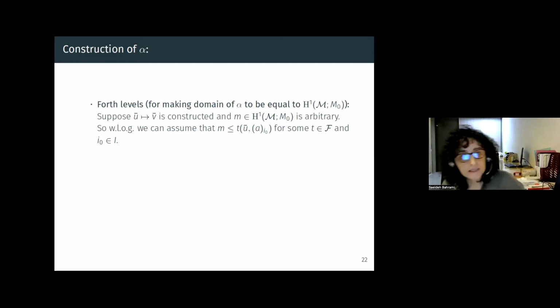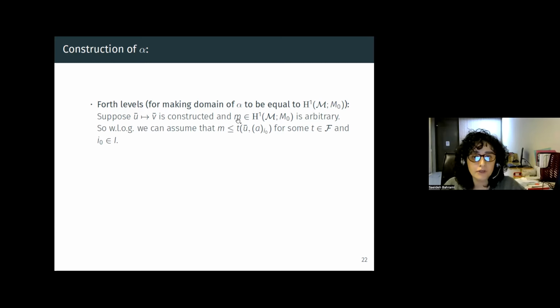So let's see how we do in the forth levels. Forth levels are, as usual, for making the domain of alpha equal to H1 of M and M0, and back levels are for making the image an initial segment. Suppose we have constructed u into v, u bar into v bar, and m is a new element in H1 of M and M0.